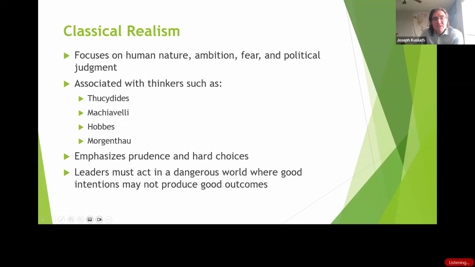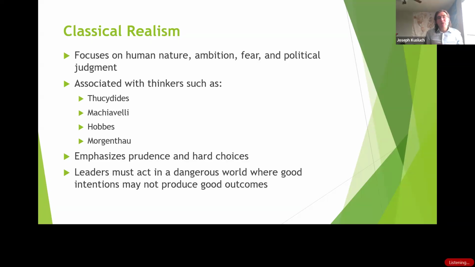So, this brings us to an important distinction that our textbook lays out: classical realism versus neorealism, sometimes called structural realism. Classical realism focuses more on human nature, political ambition, fear, prudence, and the hard choices leaders face.